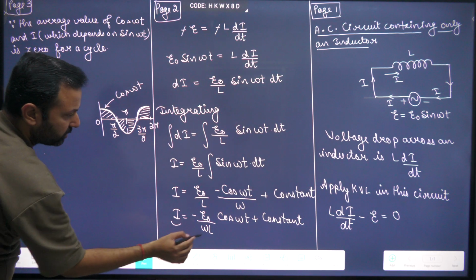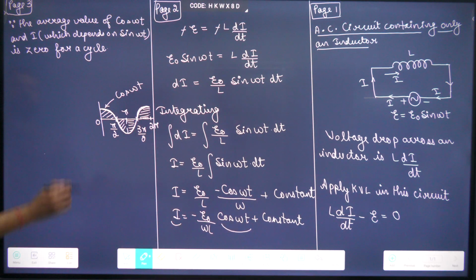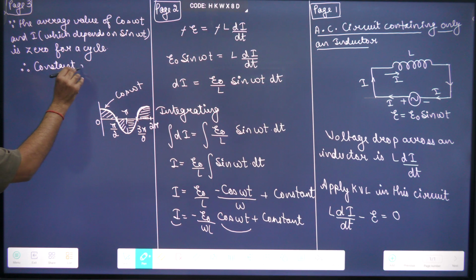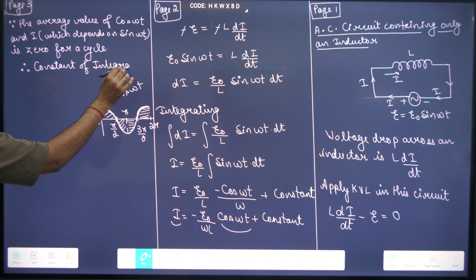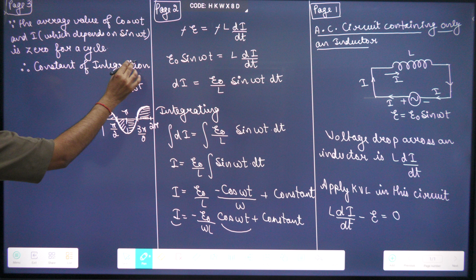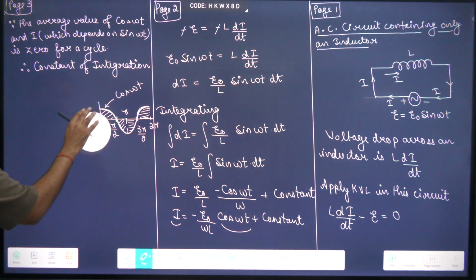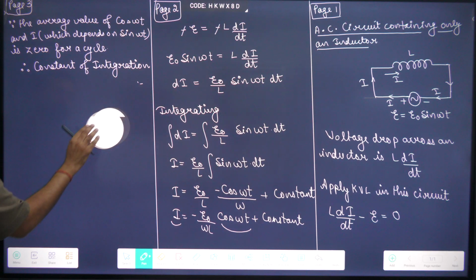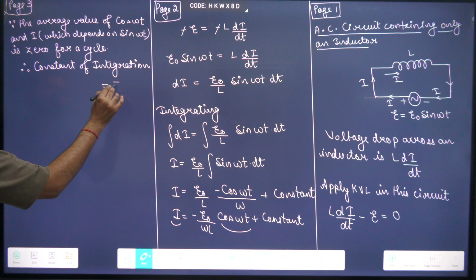So this I is going to be 0, this cos omega t is going to be 0, that's why this constant will also be equal to 0. Therefore, the constant of integration is equal to 0.